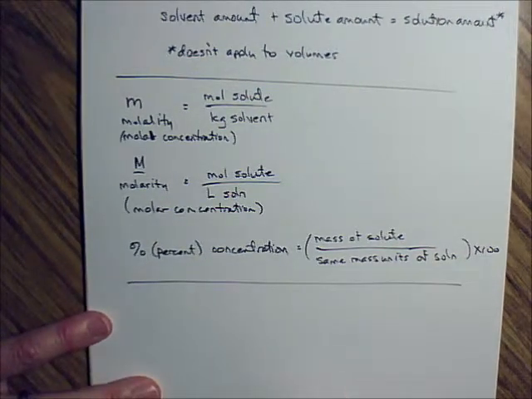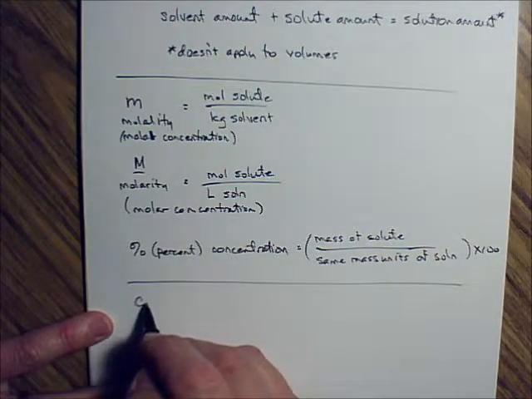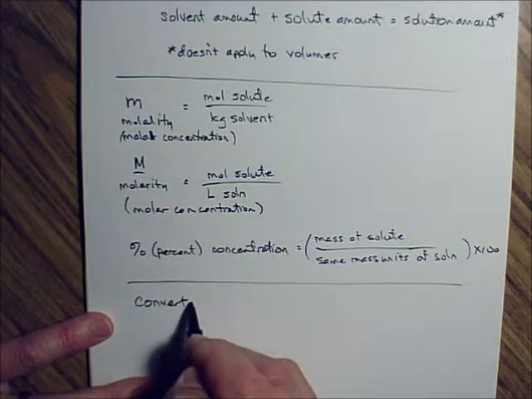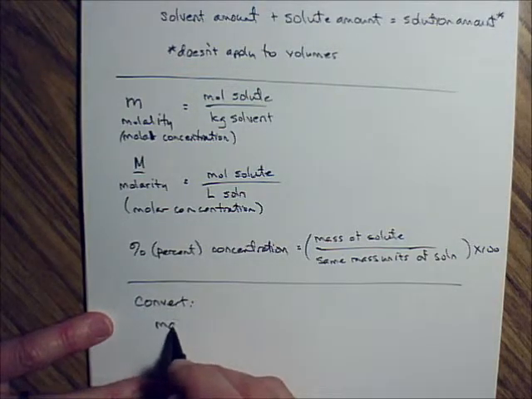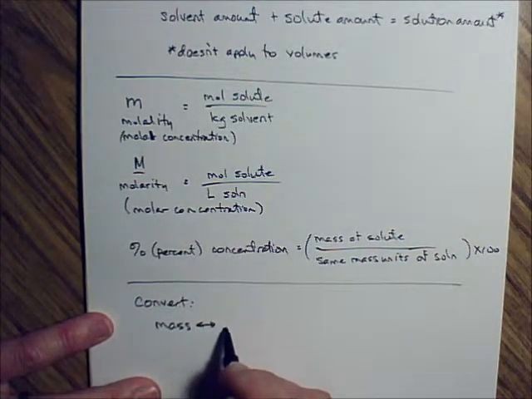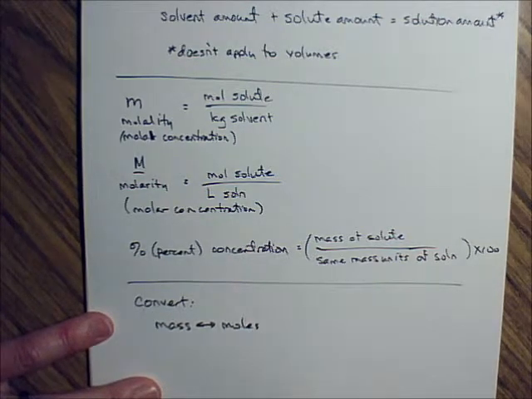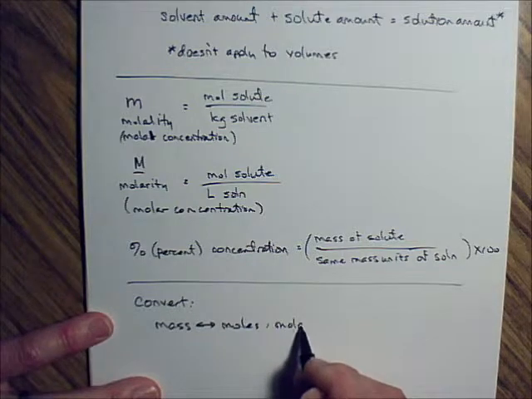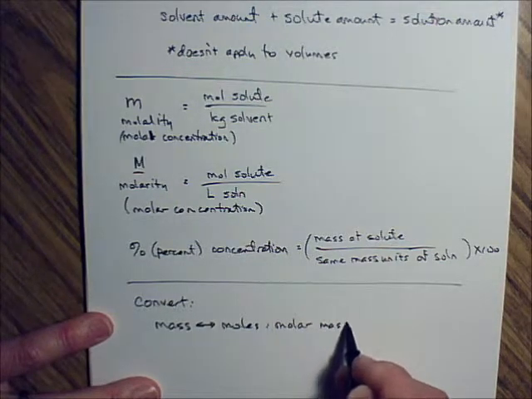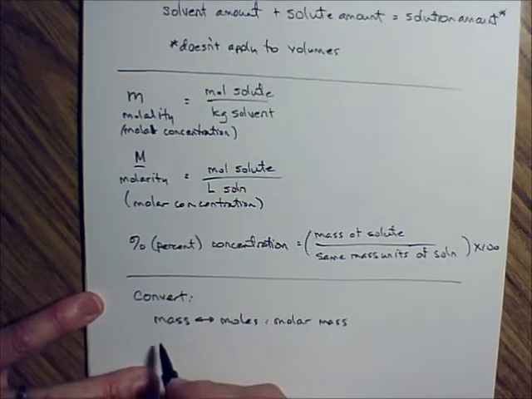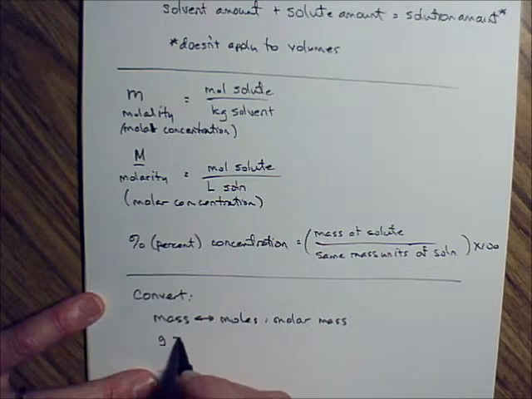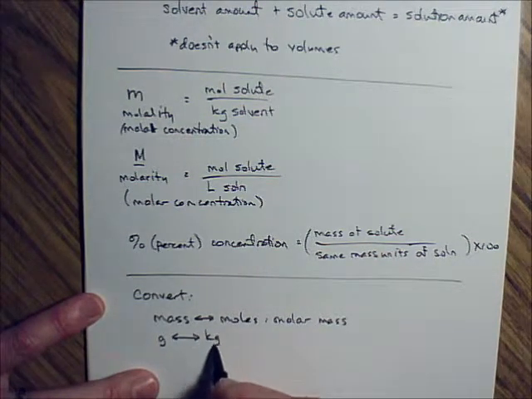Couple things to remember. If you're going to convert between mass and moles, what do you need to do? What do you have to find? Molar mass. You have to find the molar mass for the conversion unit. If you're going to convert between grams and kilograms, what do you need to know?